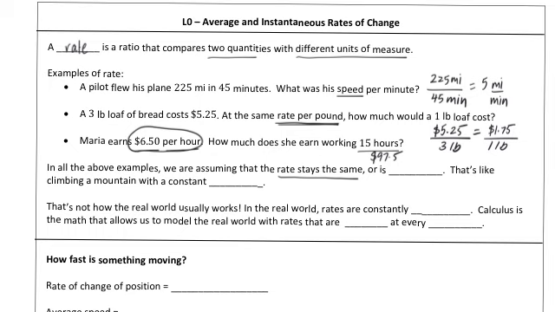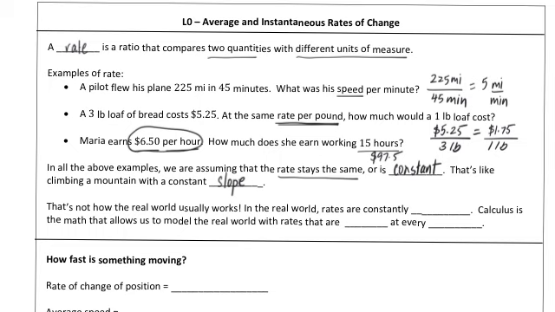And the bread, the first pound costs the same as the second pound, and so on. So in all these examples, the rate stays the same, or we say in math that the rate is a constant, it doesn't change. That's like saying that we are climbing a mountain with a constant slope. And we're going to see that slope and rate are basically the same thing.